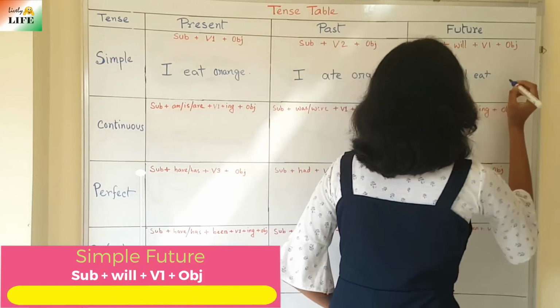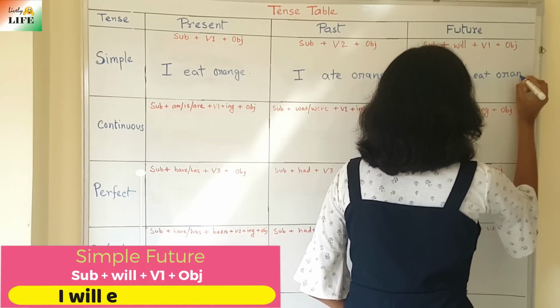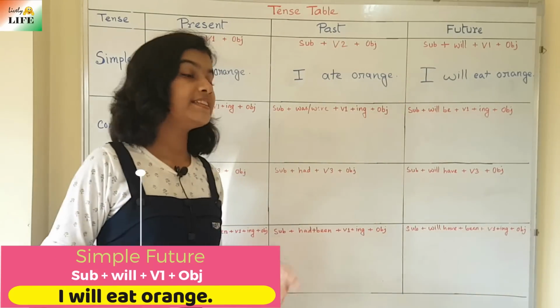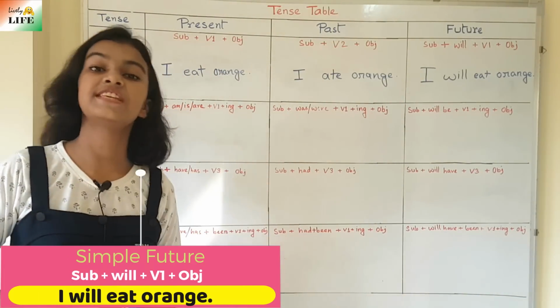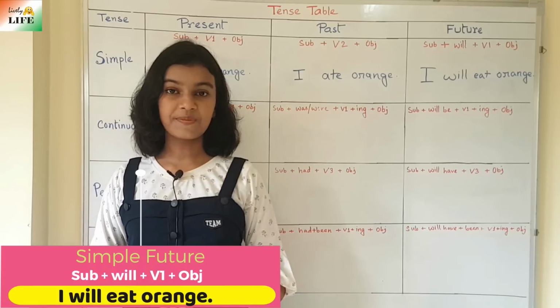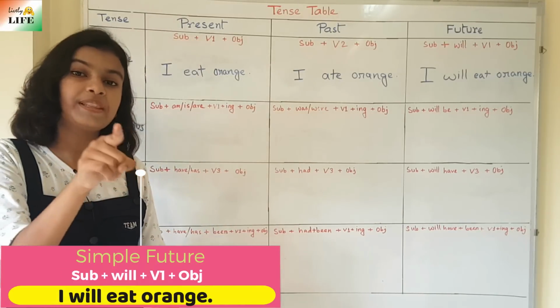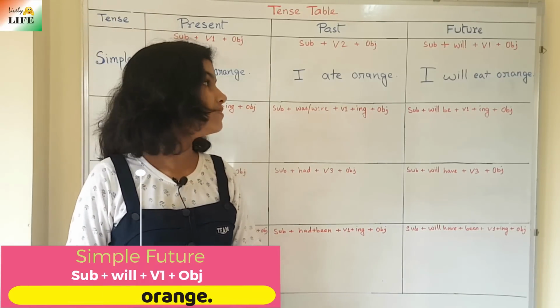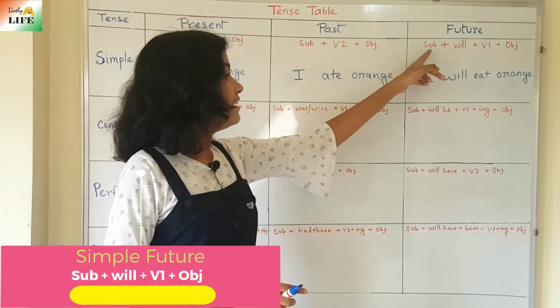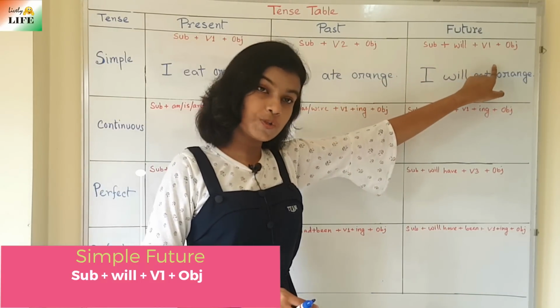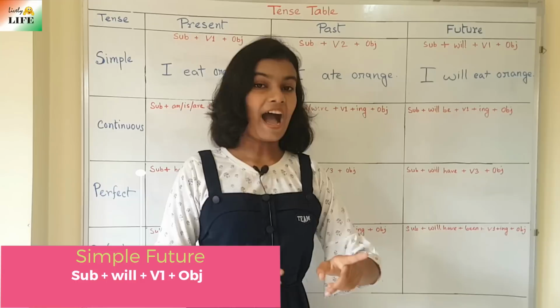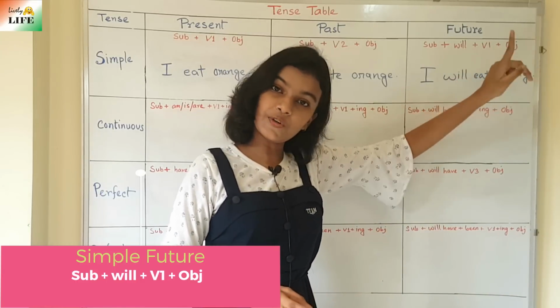Then object orange. So this sentence is in simple future tense. Now some other examples. I will play football. Okay, and then I will go to school.